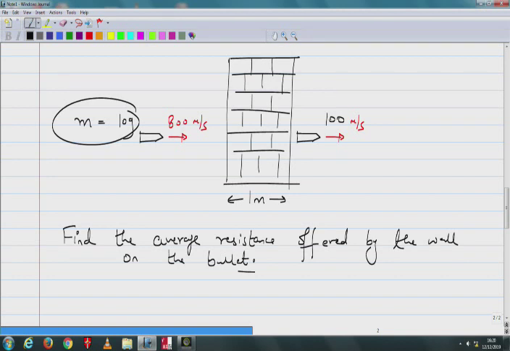Have you understood the question? Average resistance means you have to calculate the average force applied by the wall on the bullet. The mass of the bullet is 10 grams.